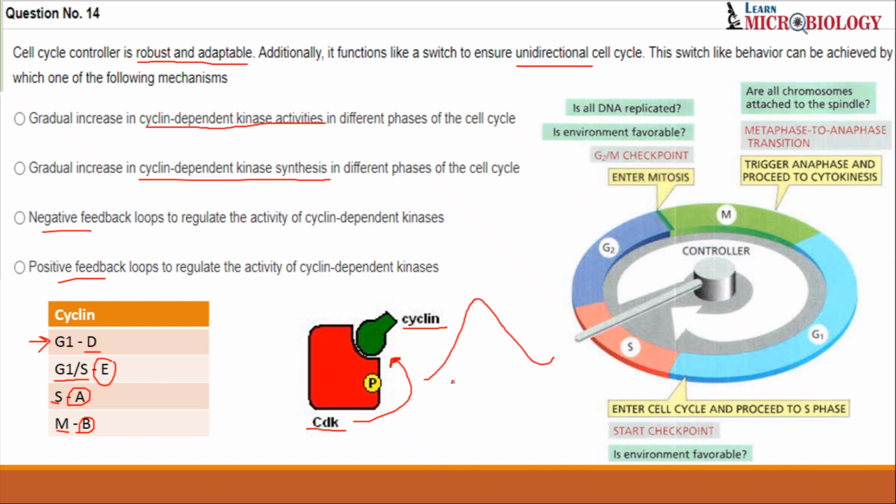Cyclin-dependent kinase means your CDK. The CDK molecule is consistently present, it is not synthesized. The molecule which is synthesized and is the regulatory component is cyclin. So your answer will be the first one, because there is a gradual increase in the cyclin-dependent kinase activities.